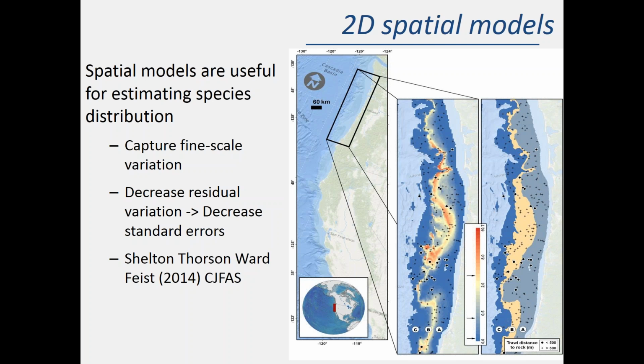If we did this using our old software that Eric Ward and I wrote, we found that dark blue was lowest density, offshore and inshore had slightly higher density in light blue, but the highest density was this beige in the middle, where the sampling locations are marked with circles or crosses.